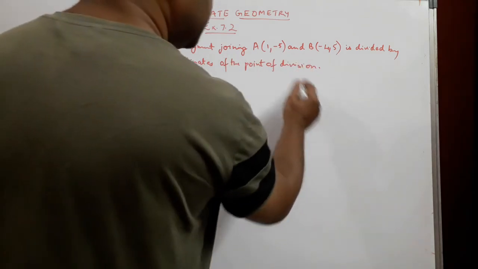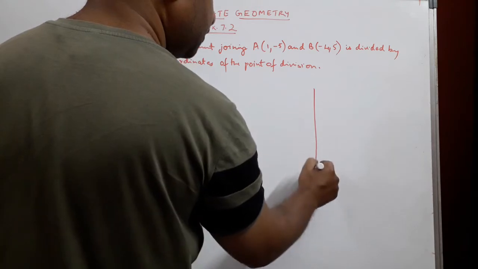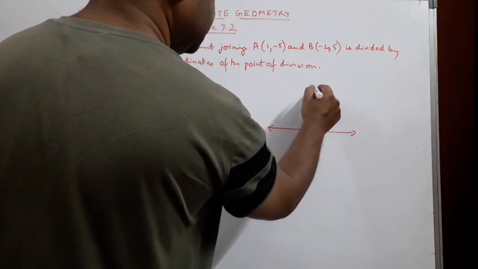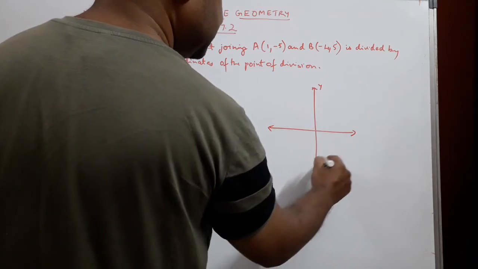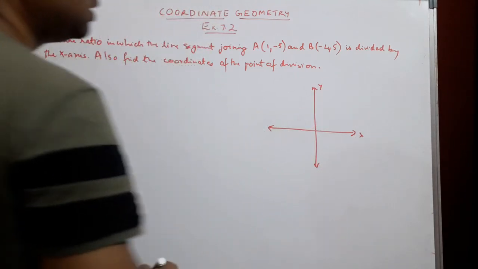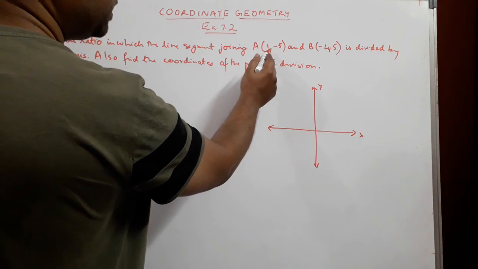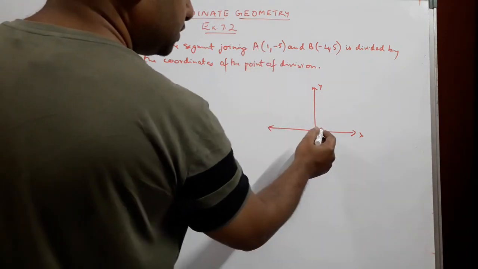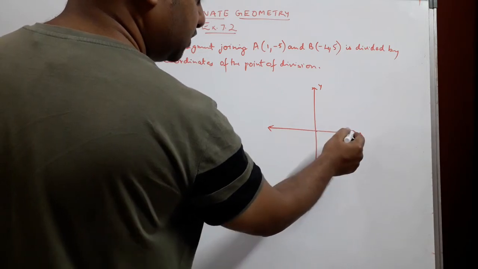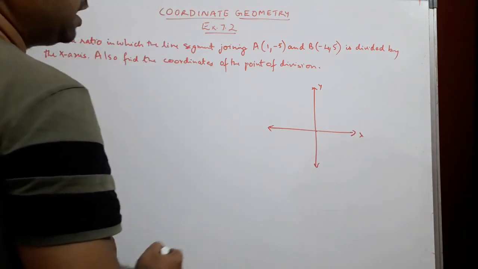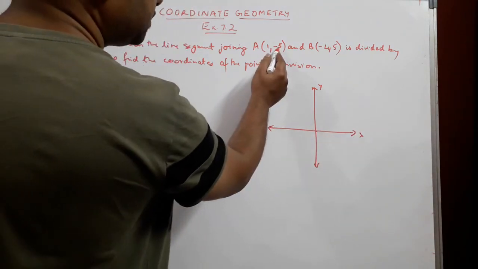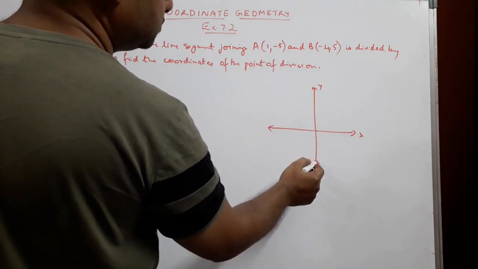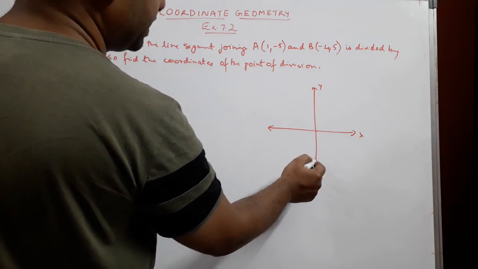If we were to draw this line segment on a Cartesian plane, it would be something like this: y-axis, x-axis. A is (1, -5). The positive x-axis is always on the right-hand side, and negative 5 means it has to come down, because this is the negative y-axis.